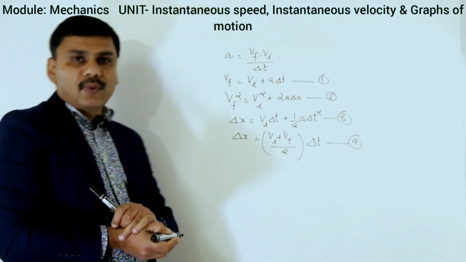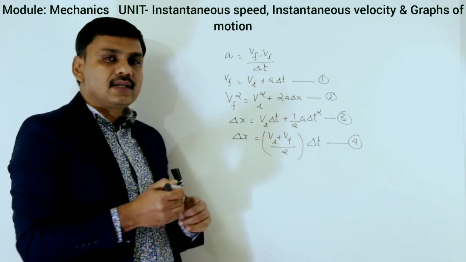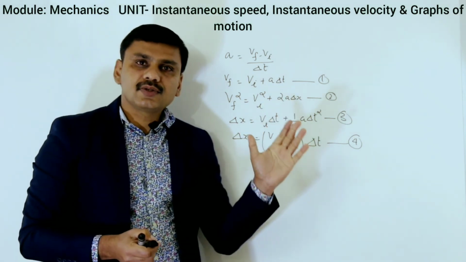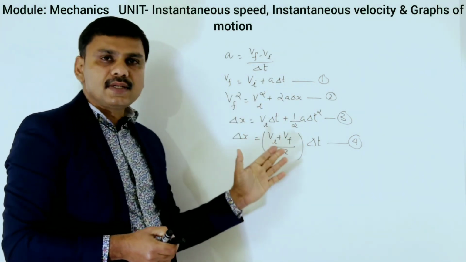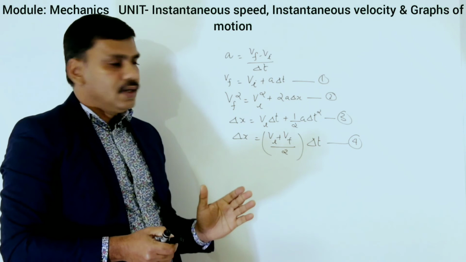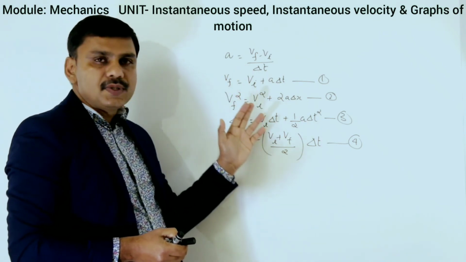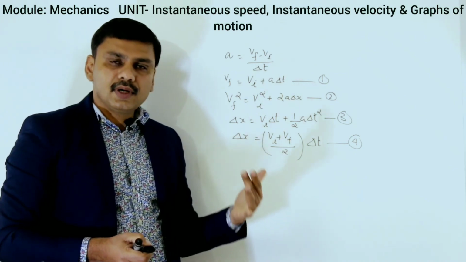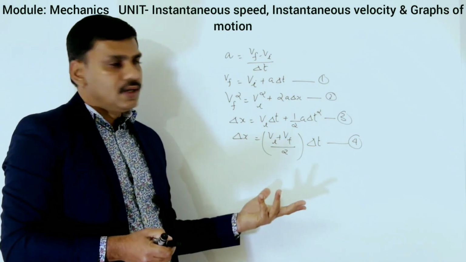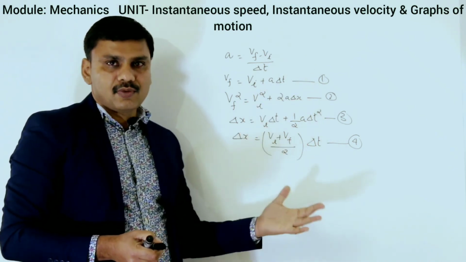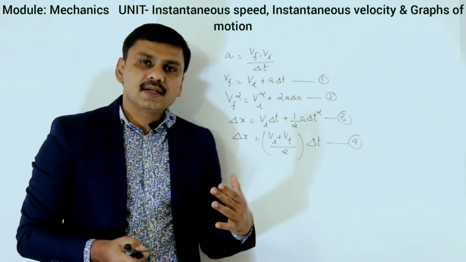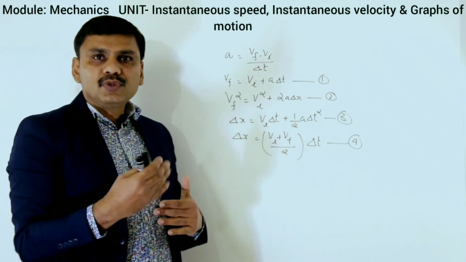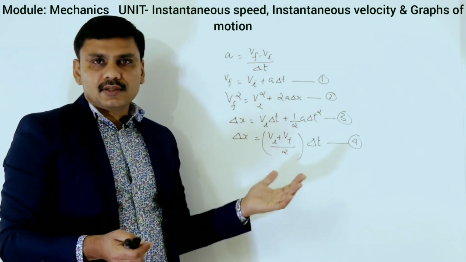These are the 4 equations, and they are the equations of motion. They contain initial velocity, final velocity, acceleration, time, and distance or displacement. They are known as equations of motion because they represent the motion of the object. From one problem to another, the equation changes.